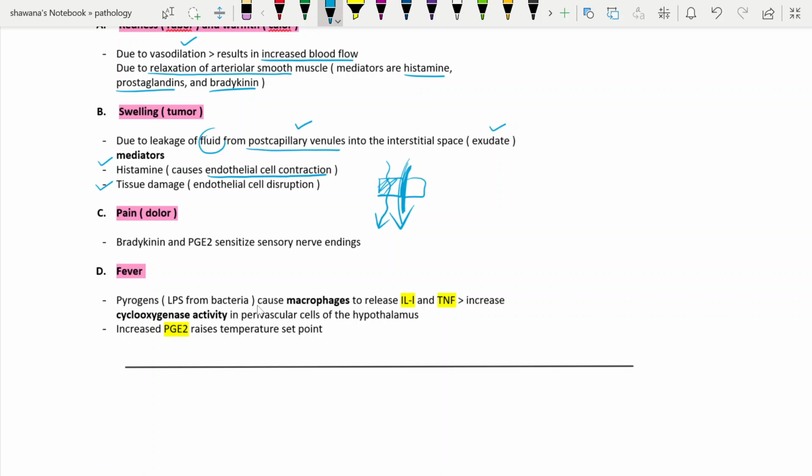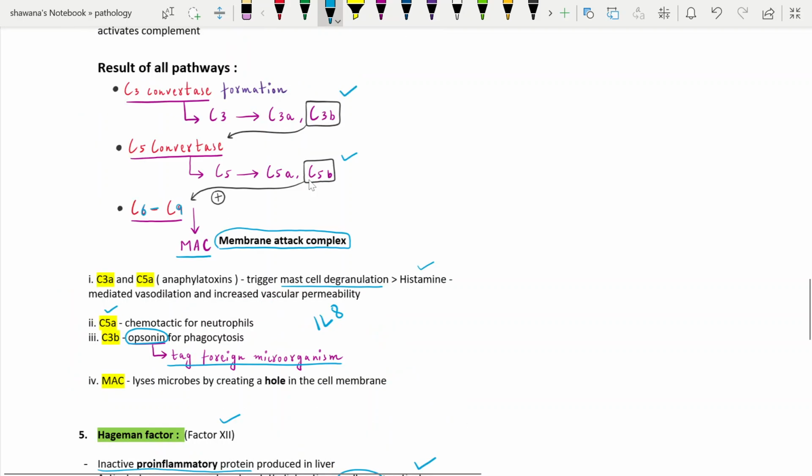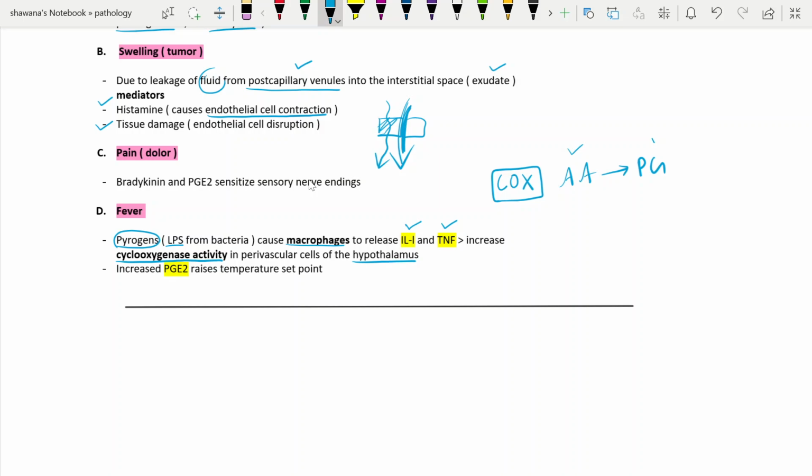It converts arachidonic acid to prostaglandins, as we have discussed. So cyclooxygenase is an enzyme that converts arachidonic acid to prostaglandins in the perivascular cells of the hypothalamus, and this prostaglandin E2 raises the temperature set point of the hypothalamus, and that's the fever. These are all the hallmark and cardinal signs of inflammation.